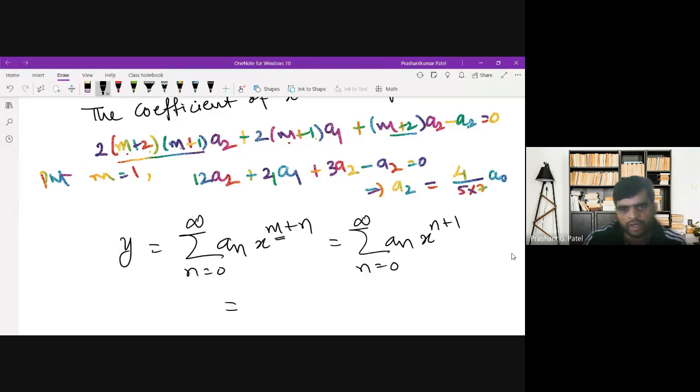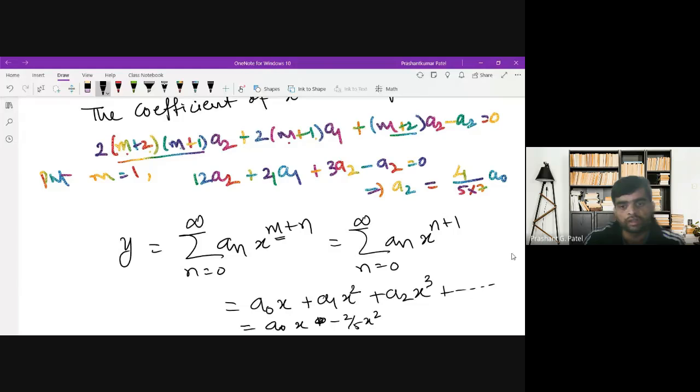If I expand this, this is a0 x plus a1 x square plus a2 x cube and so on. The value of a0 is as it is. a1 we have calculated, it is minus 2 by 5 x square, and a2 is 4 upon 5 into 7 x cube and so on. So this is the first solution, that is called y1.